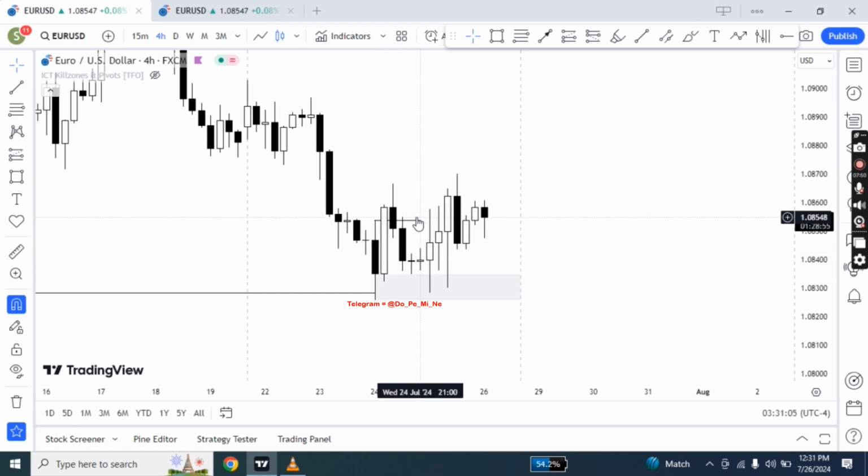What you can also see right here is that during yesterday's London close, price reacted to this candle right here and expanded lower for the rest of the day. And then when the Thursday candle opened, it formed this small range on the lower time frame. Now, if you ask me whether I expected this to happen, the answer would be no, because I literally had no idea what price was going to do after London close and the rest of the day, right?